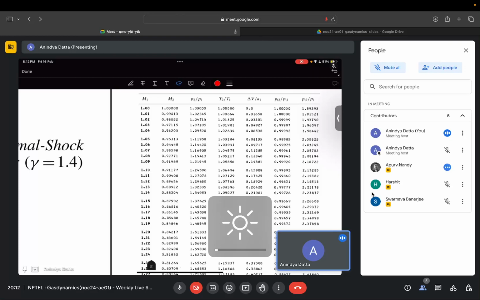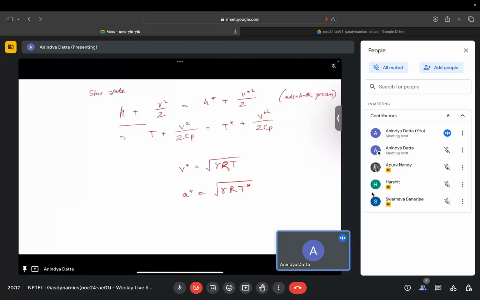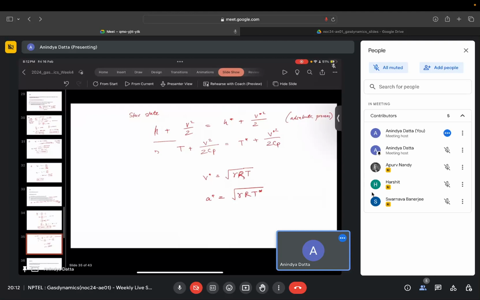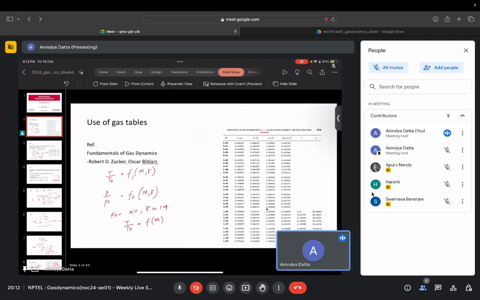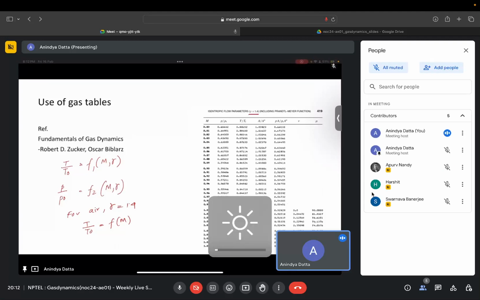Okay, I need to check that. Maybe you can check this too. I don't know where he did this. Maybe this weak shock limit and strong shock limit will be there in the book by Anderson, so you can refer to that book. This is also a good book, Zucker and Biblarz. You can refer to this one. I think it might be there.